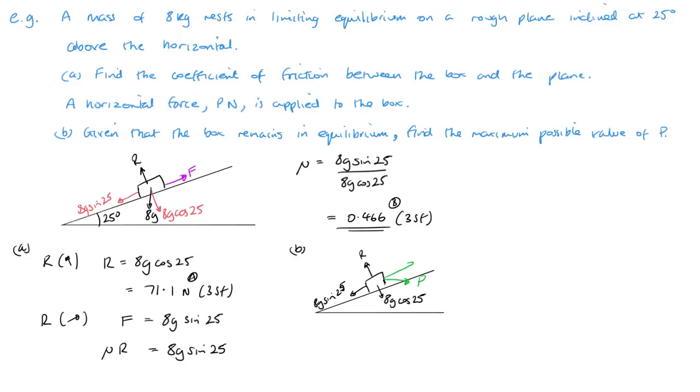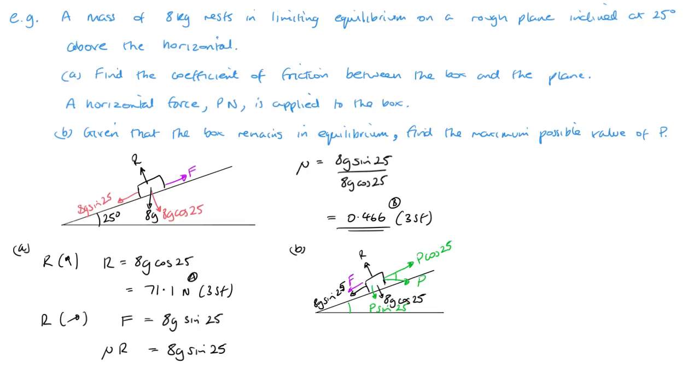So that way, this one here, because this angle is the same as this angle, it's going to be P cos 25. And then it's going to act down this way, and it'll be P sine 25 down there. Now, because we want to find the maximum value of P, then the friction is going to act down the slope.